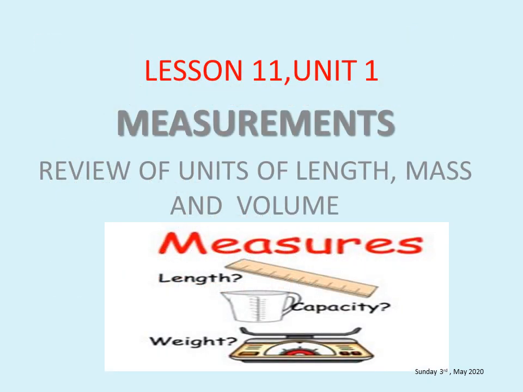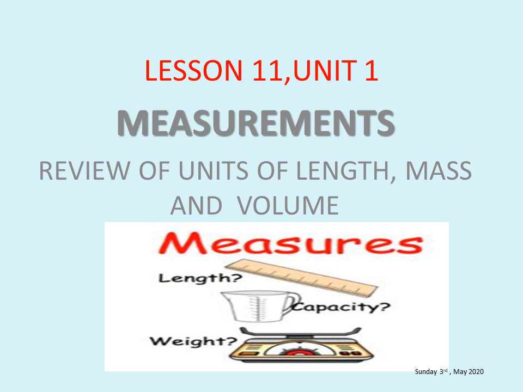Now, what did we look at in lesson 11? We studied measurements, right? Yeah, we studied measurements. Now, one thing I want you to know is there are three major forms of measurements. We either measure length, that's how long, that's when we use the ruler, remember? The lessons where we were using the ruler.